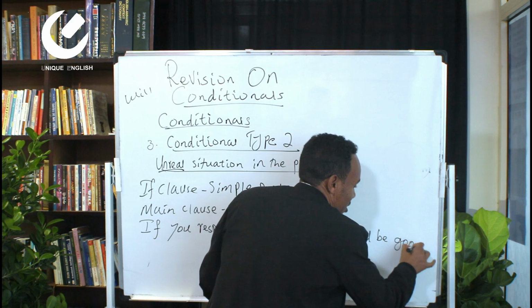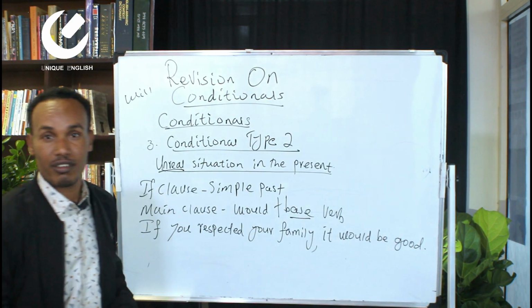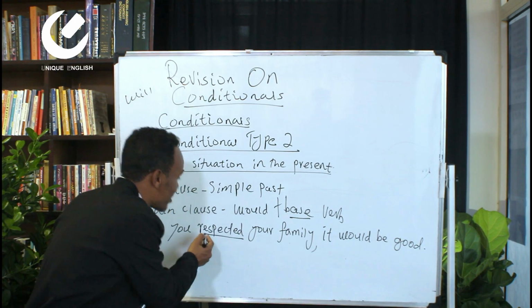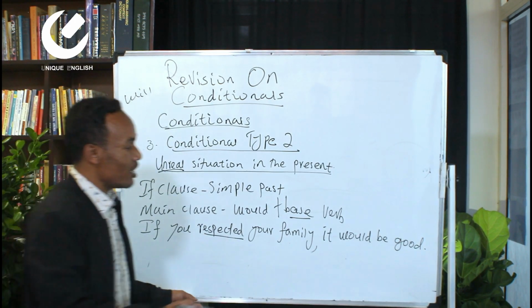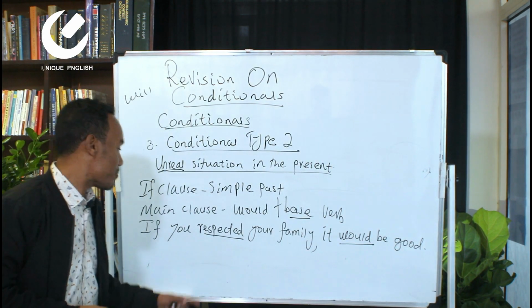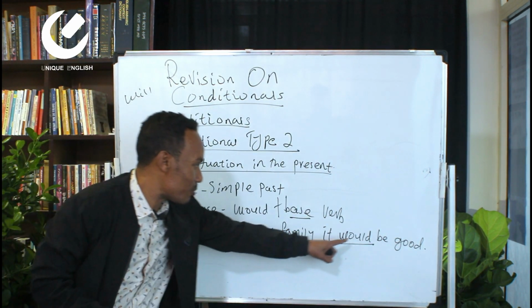It would be what? Good for you. If you respected is the past tense of what? Respect. Would is the past tense of what? Will, isn't it? Yeah. Okay. If you respected your family, it would be good.